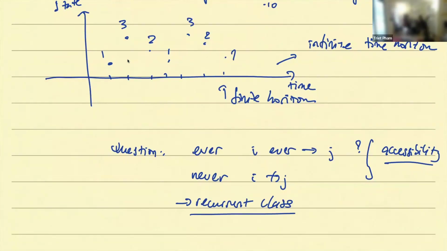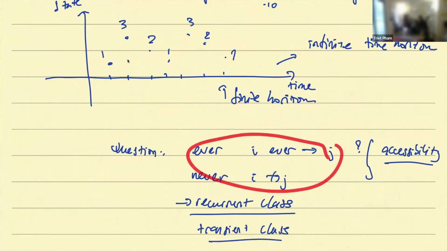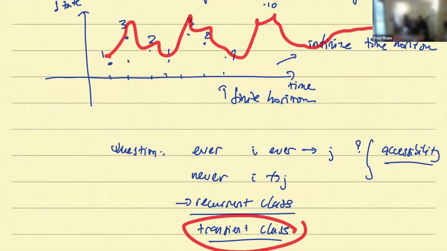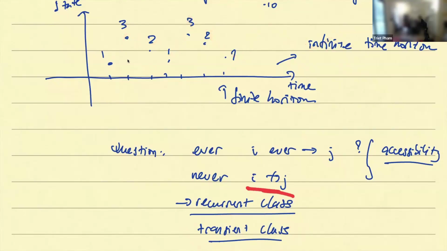So the idea of a recurrent or transient class or state will be a natural continuation of these ideas, because recurrent classes are the ones that you keep going back and forth among. The transient is basically one where you eventually get out of it and never come back.